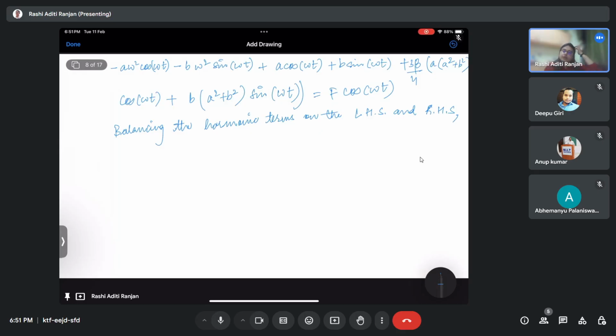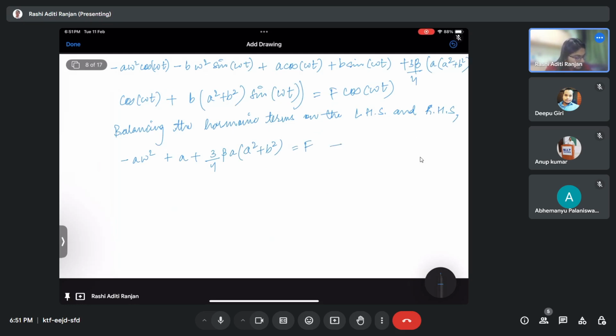By balancing the cos omega t terms first, I'll get minus a omega square plus a plus 3 by 4 beta a times a square plus b square equals f.